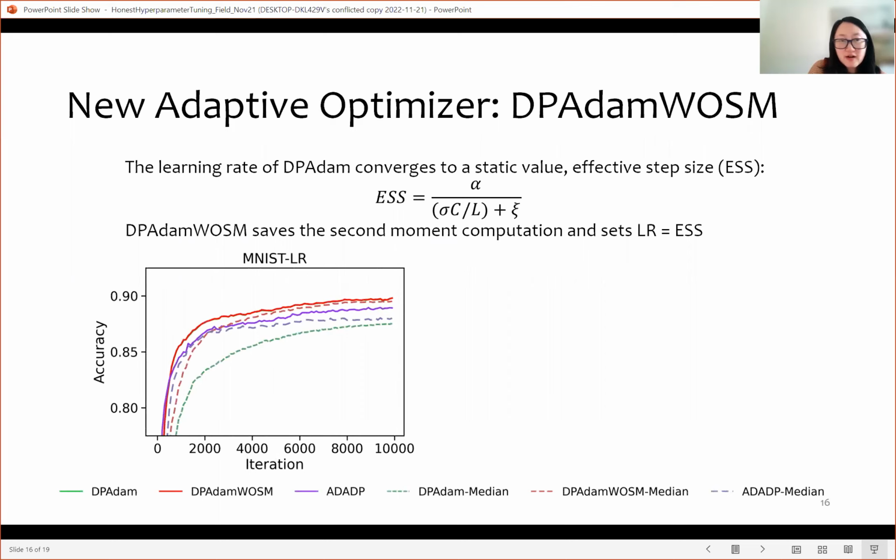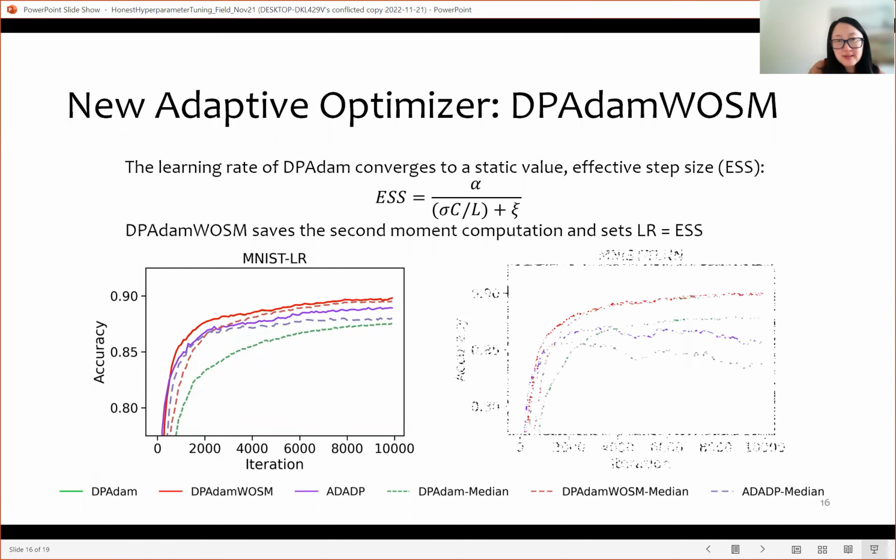Right, and here is the plot of the maximum accuracy and the median accuracy for 3 different differentially private adaptive optimizers. And we can see the new adaptive optimizer, DPAdam without second moment, indicated by the red line, is doing as good as DPAdam, the original form of adaptive optimizer.